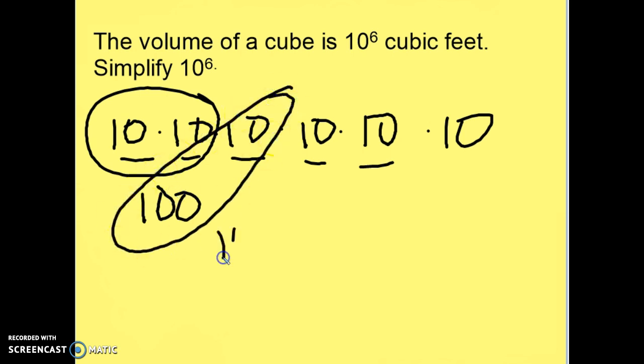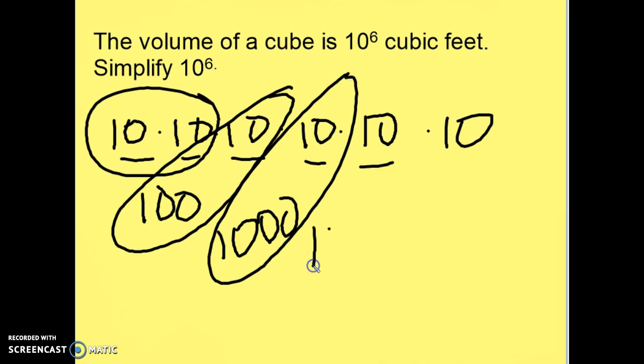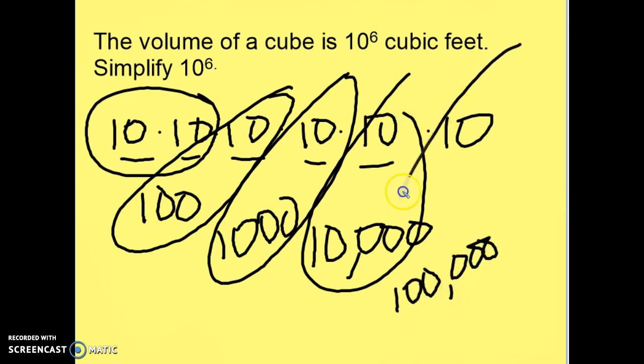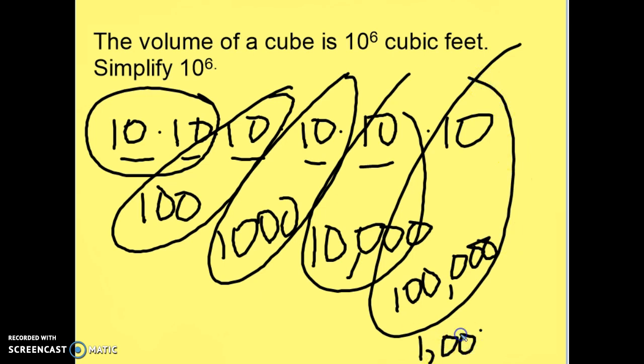Times 10 more is 1,000. Times 10 more is 10,000. Times 10 more is 100,000. Times our last 10, which is going to be 1 million. And you also see here that there are 6 zeros. 6 zeros simplifies and relates to that exponent of 6.